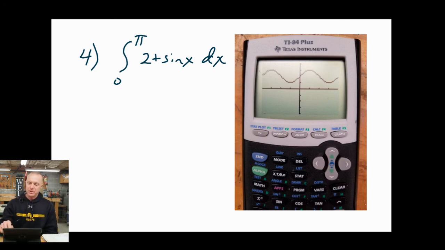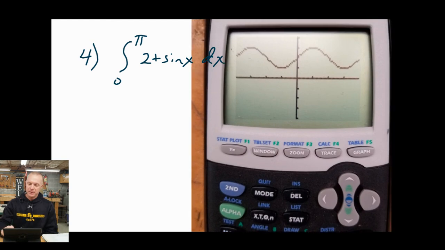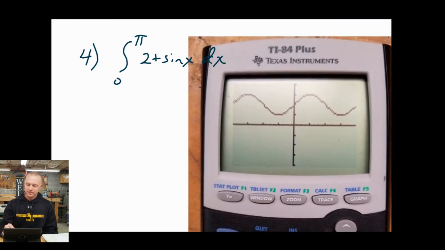Okay, 0 to pi of this graph. Definitely we're talking about this region right here, which does include the top part, the bump as we're calling it, but it also includes this region down here, which kind of looks like a rectangle, doesn't it?